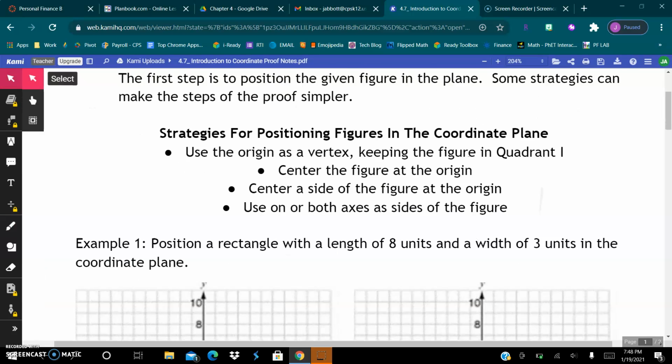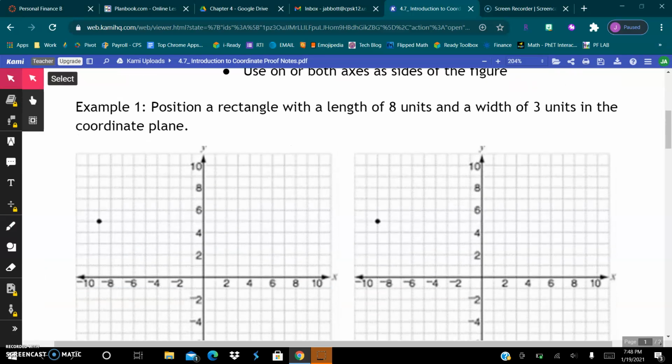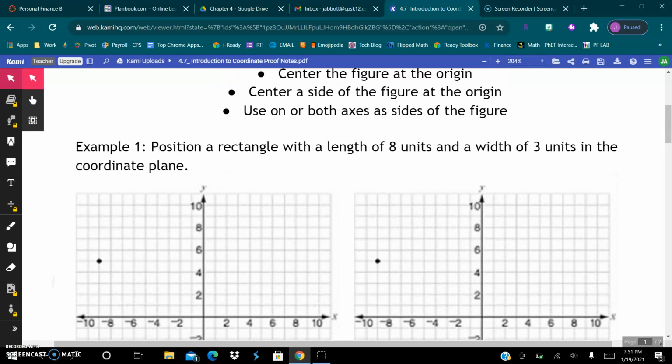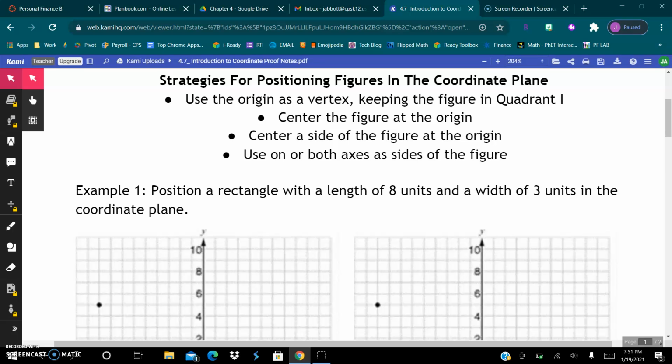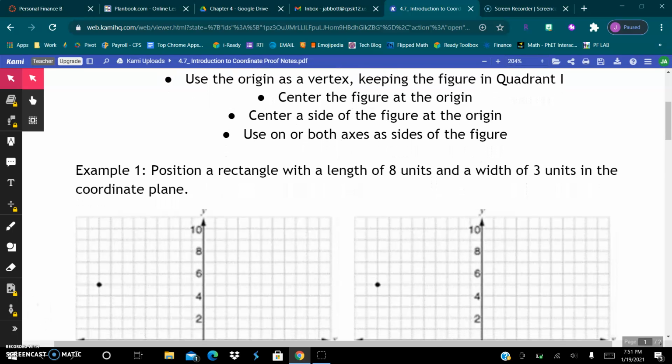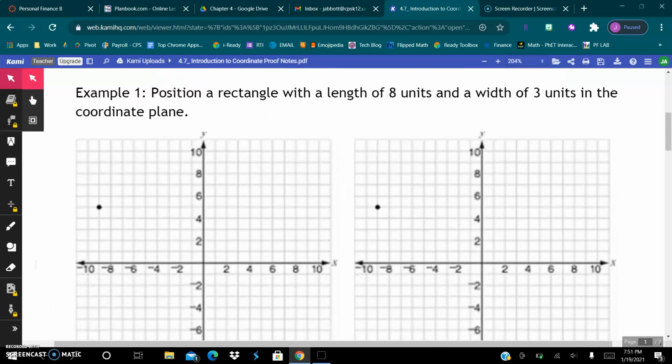So for example 1, we are told to position a rectangle with a length of 8 units and a width of 3 units in the coordinate plane. There's lots of different ways to put this figure on a coordinate plane, and we're just going to look at 2 different ones. So the first thing says use the origin as a vertex, keeping the figure in quadrant 1.